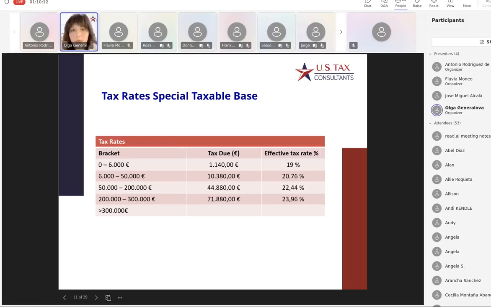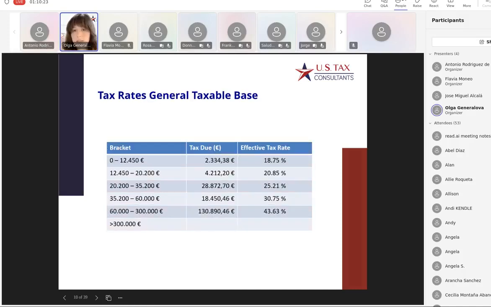To give you a quick idea of how this works in real numbers, for example, if your general base income is 60k euros, you would pay approximately 18,450 in tax, which means an effective rate of about 30% of those 60k euros.